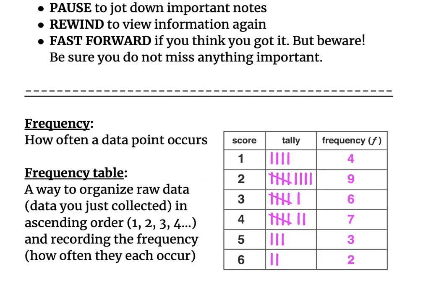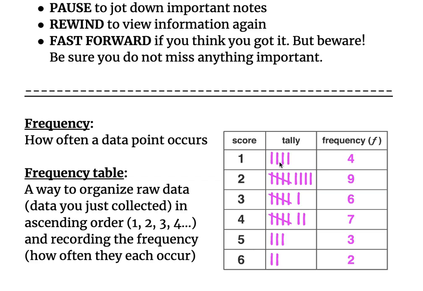We usually put it in ascending order, so that means just 1, 2, 3, 4, 5, 6. And then we record the frequency. So frequency, again, is how often it occurs. So if I am, let's say, asking people in my class how many times they've gone to the bathroom so far, I would make this frequency table, and every time someone tells me their answer, I would put a tally mark next to their answer.